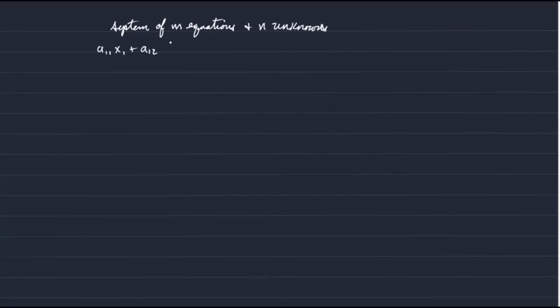We have our coefficients associated with each of our N unknowns. The X's are our unknowns, and the A's being our coefficients. And we have N unknowns. And I've just written the first of our system of equations. The second of our system of equations would be written as such, with the first number again on the A coefficient representing the equation number, the second number of the subscript of A representing the number of the unknown. And in general, we have M equations.